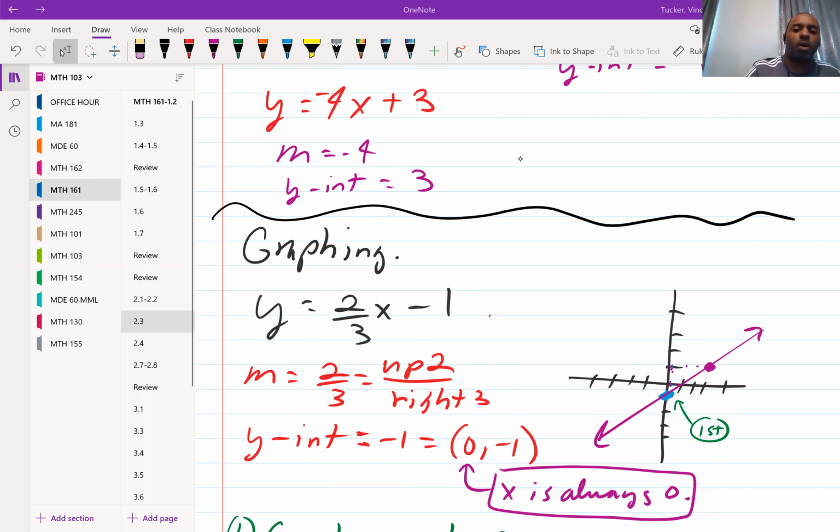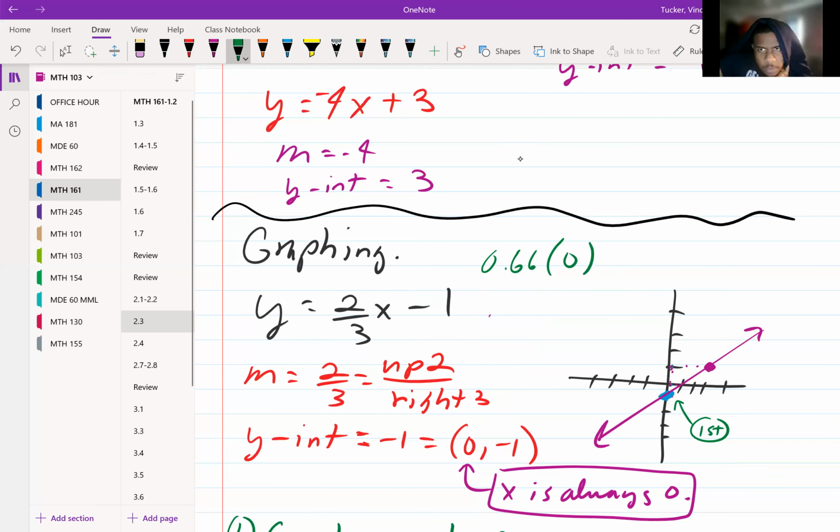If I'm calling this my y-intercept, the coordinates of it are going to be 0, -1. So if I were to plug 0 right here, it would be 0 times 0.66. It wouldn't be 0 over 0.66.